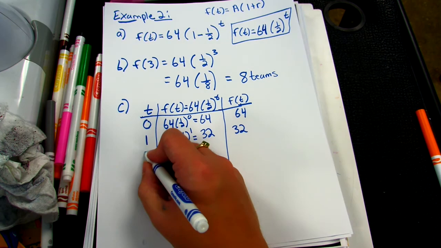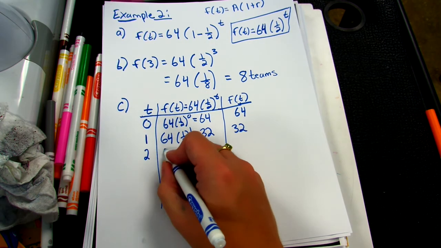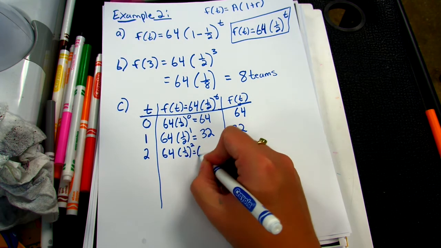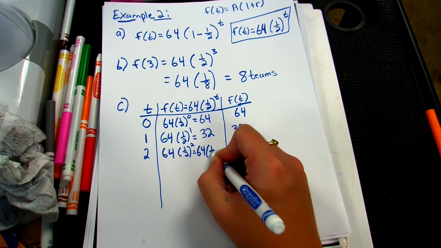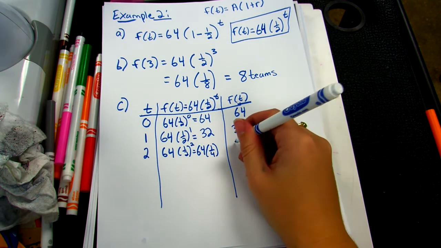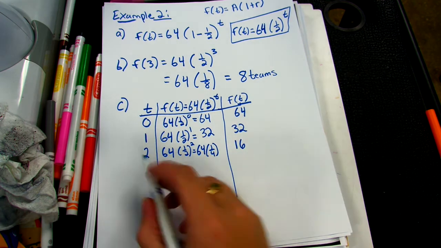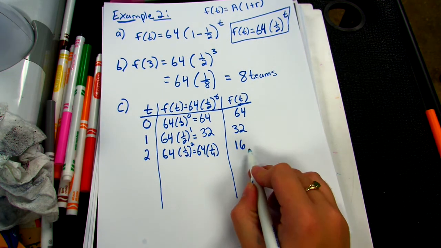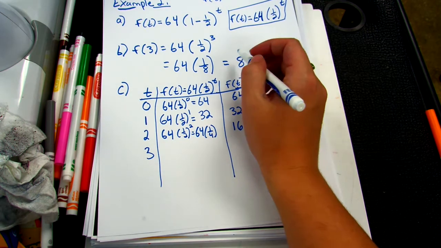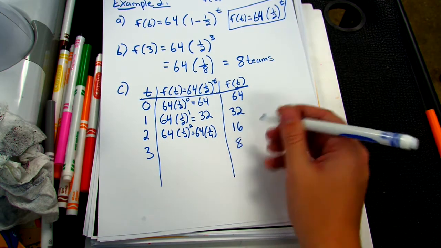What about after 2 rounds? So that's 64 times 1/2 to the second. 1/2 to the second is 1/4. So 64 times 1/4 is 16. So after 2 rounds, there are 16 teams left. After 3, well, we already calculated that in part B, there are 8 teams.